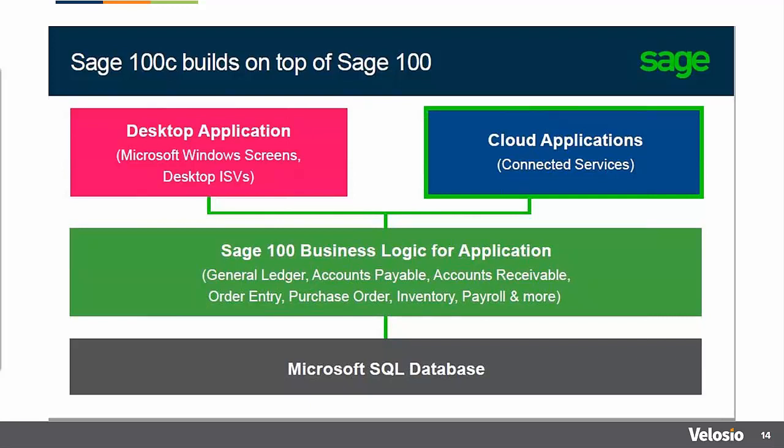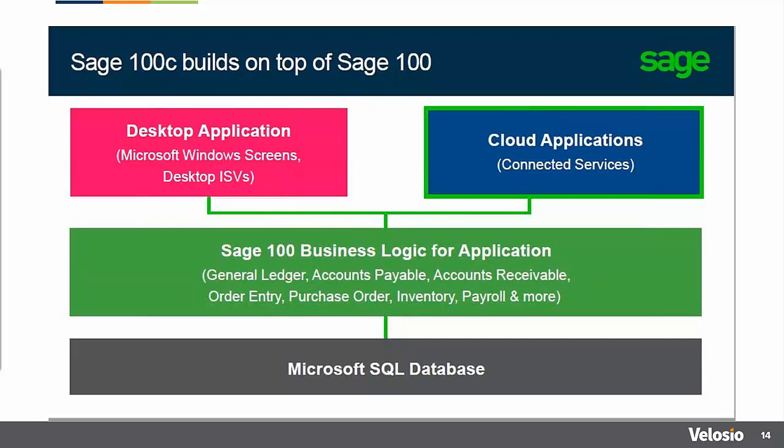Now, on top of that, you have your connected services. The connected services would be like your payroll subscription, AP management if you have anything like that, your shipping system, your web interfaces. That'd be an example of cloud applications. And actually, beyond that, your actual web integrations, website integrations, your complete third-party shipping systems.